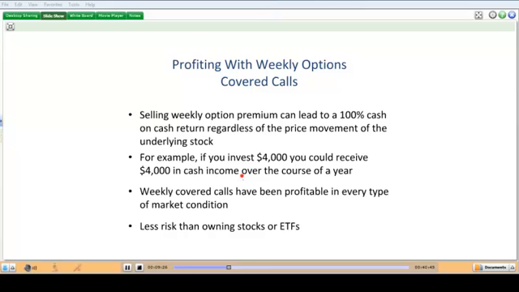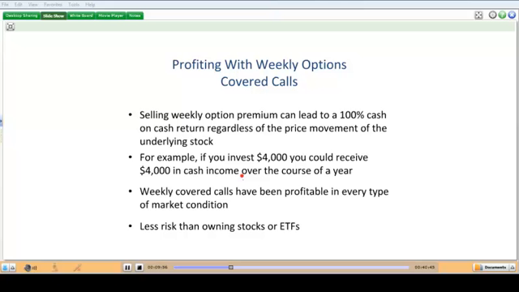So I just maintain the stock or ETF in my account, and then every Friday roll over to the next weekly call option. And that way I'm just trading the options every week rather than buying the stock and selling the stock, or buying a stock and having it called out.